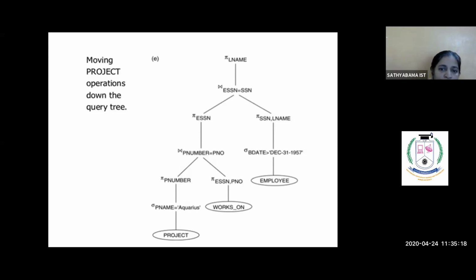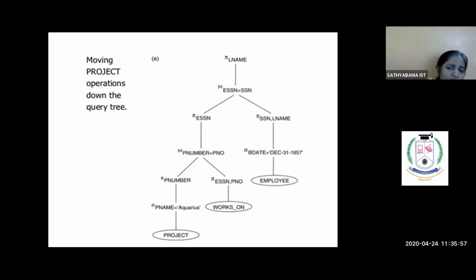Now the resultant table will have only 3 attributes: P number, ESSN, PNO. That is being joined based on the condition P number equal to PNO. Only when the condition is matched, those relevant rows alone will be fetched. From there, we are projecting only ESSN number. Why? Because we need only SSN number as of now.